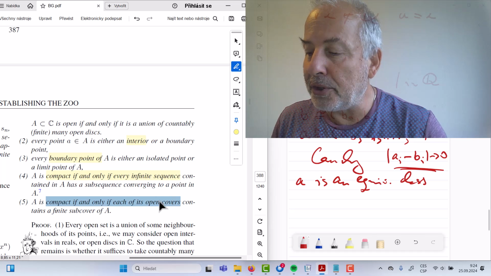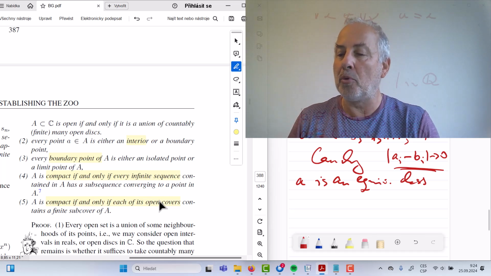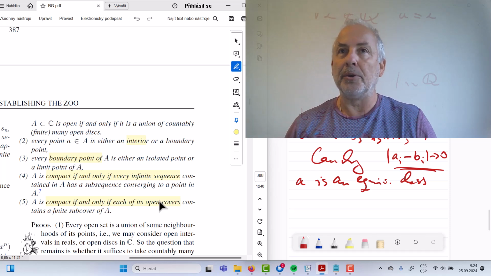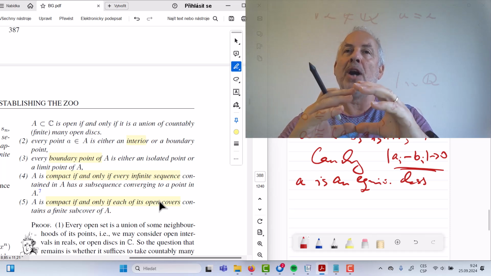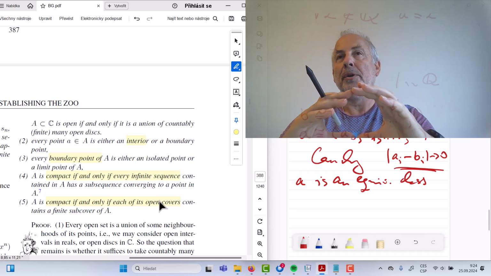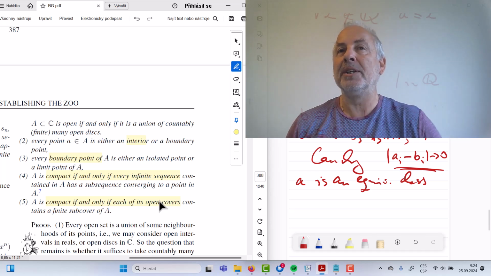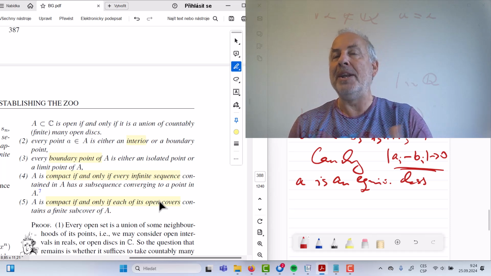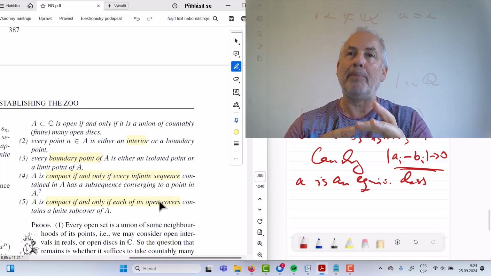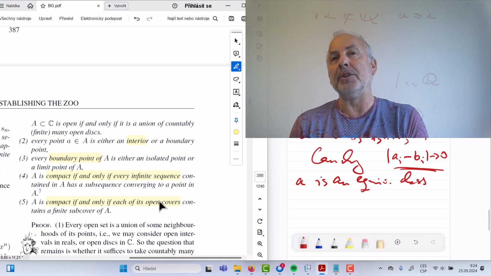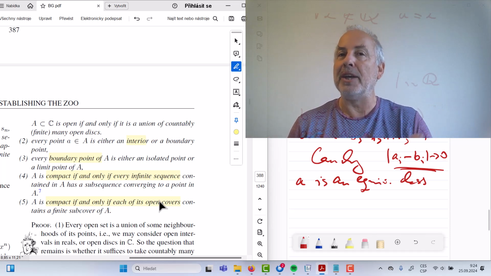And this is also even more important maybe, so I wanted to say also important. An open cover of a set means that you have maybe uncountably many, so any set of open subsets, and their union would involve A inside. So it's covering A in this sense.